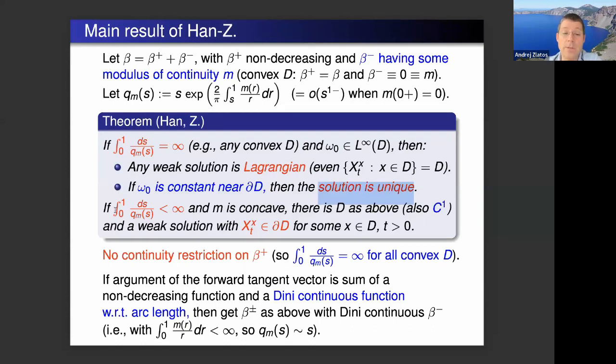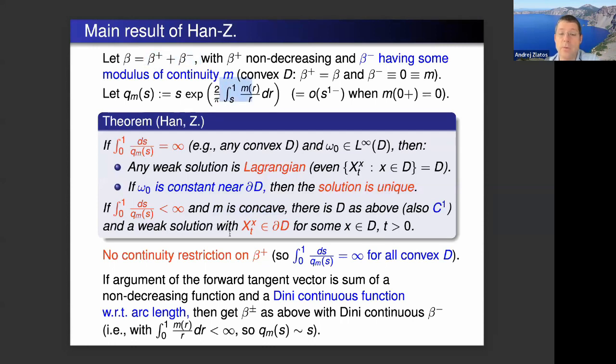And so the other alternative is if I am only able to split this beta into beta plus and beta minus in such a way that beta minus has a modulus of continuity for which this integral is finite. And also M is concave, which usually the moduli of continuity are, but they technically don't have to be. So then there exists a domain where the split is like that with that modulus of continuity.